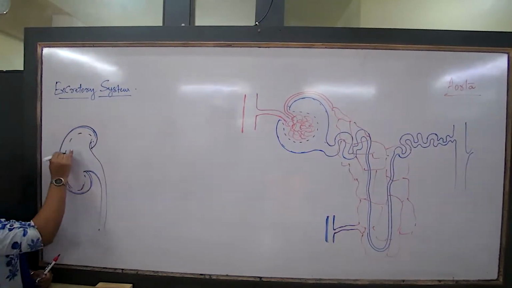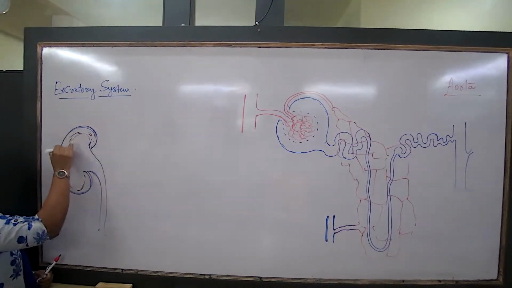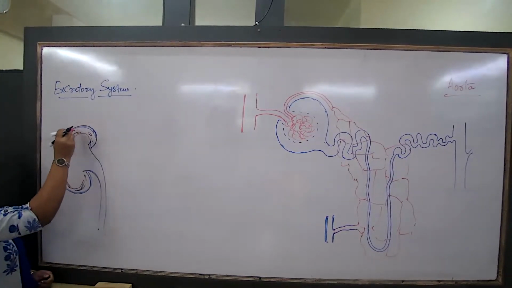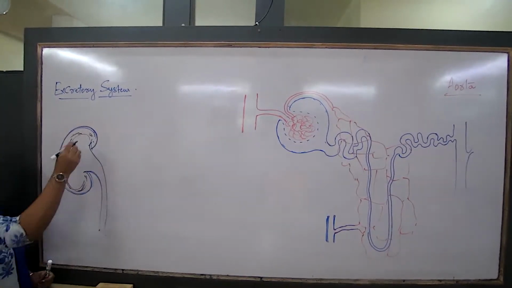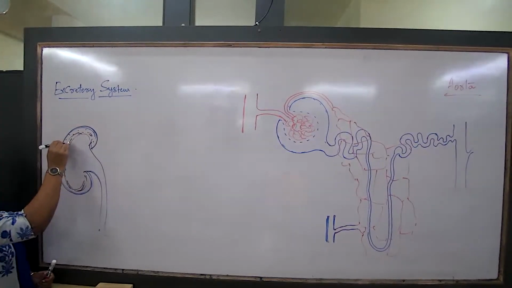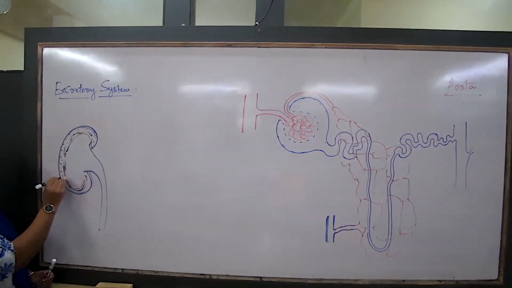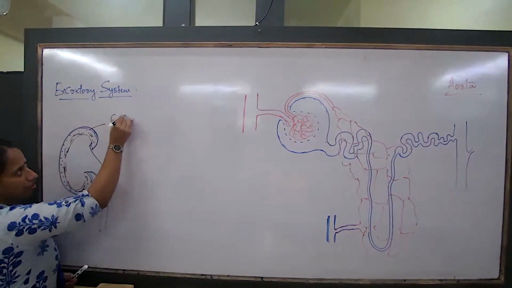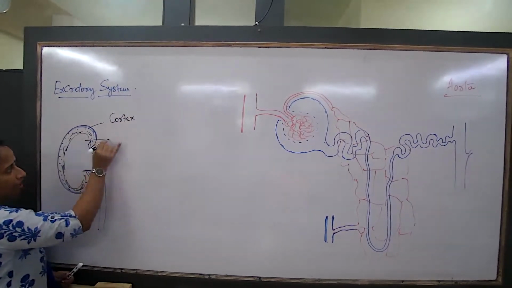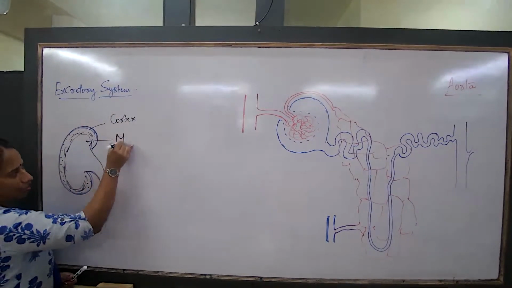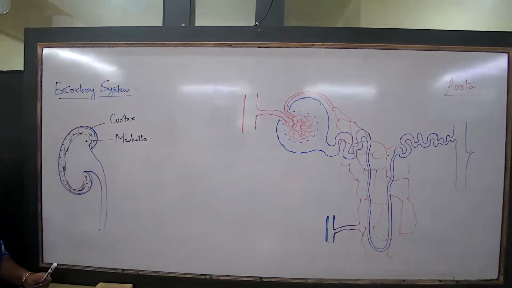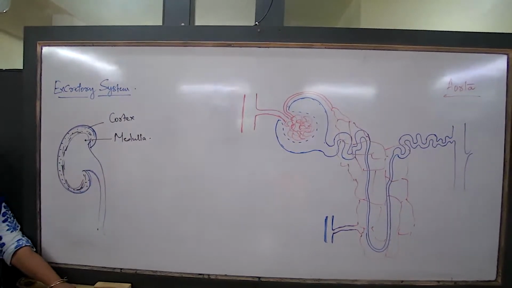The outer region, in those images also I showed you, consists of a large number of bead-shaped structures, and this outer region of the kidney is known as the cortex of the kidney, whereas the inner region, which is comparatively lighter, is known as the medulla of the kidney.